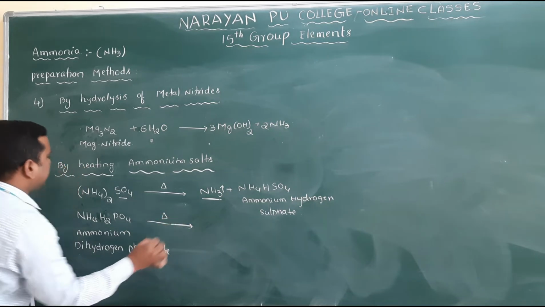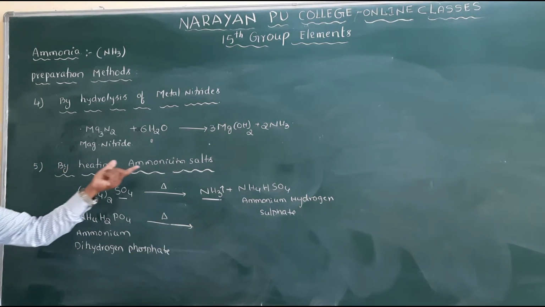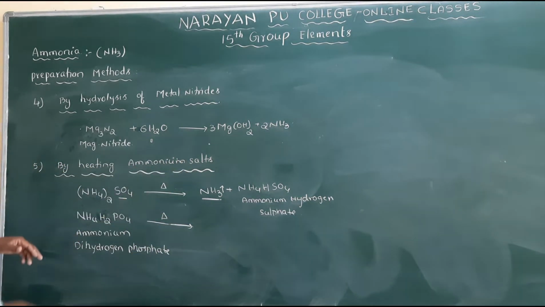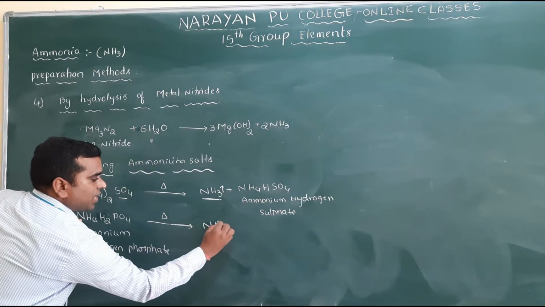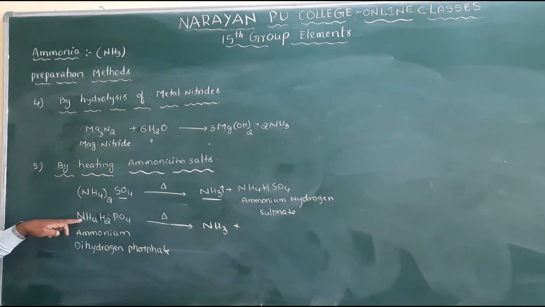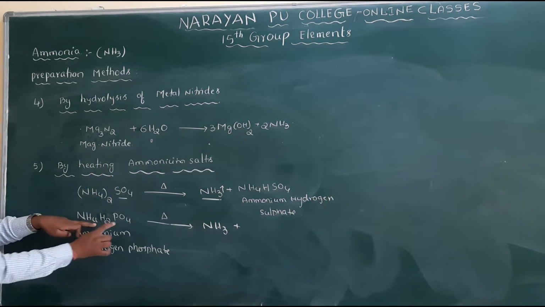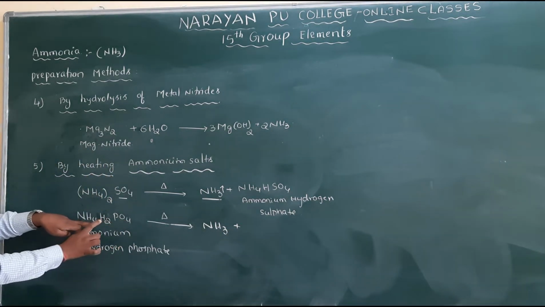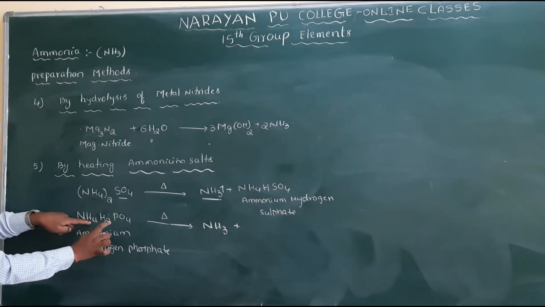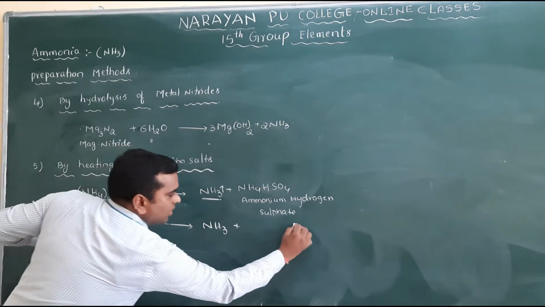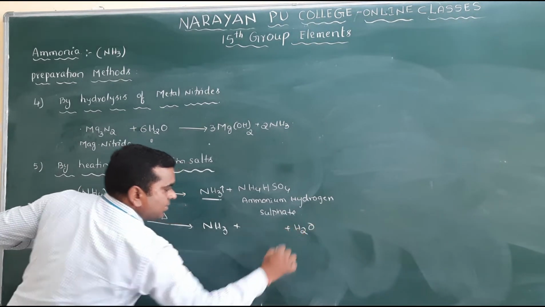Same, just heat it. I mentioned here, by heating ammonium salts. So if you heat here, you will get NH3. One of the NH4 will be converted into NH3. Now you see, in this case, one oxygen and hydrogen. Here one hydrogen, here one hydrogen, two hydrogens, and one oxygen will be removed as water. Got my point?